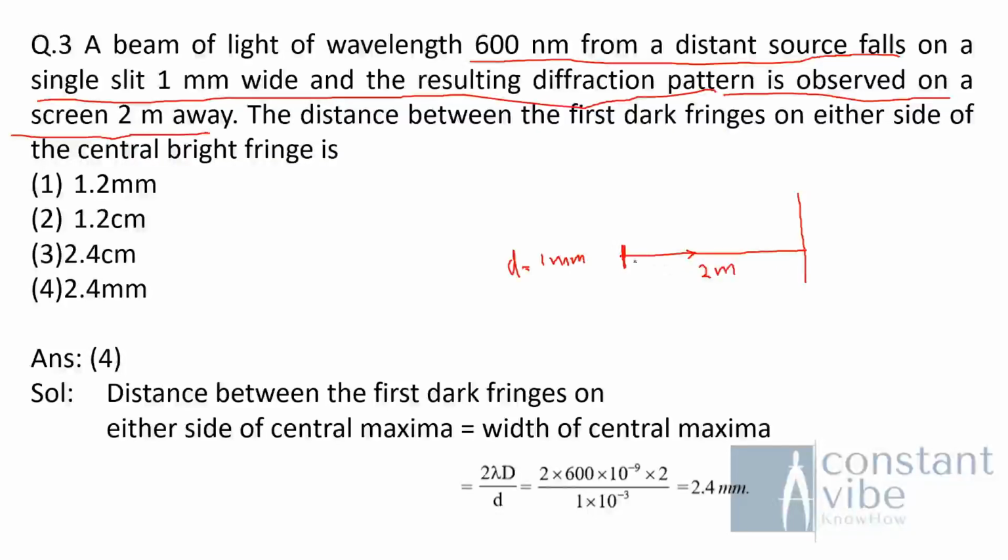The first dark fringe here, let us take this point as A, and this point as O. So this is the angle theta.